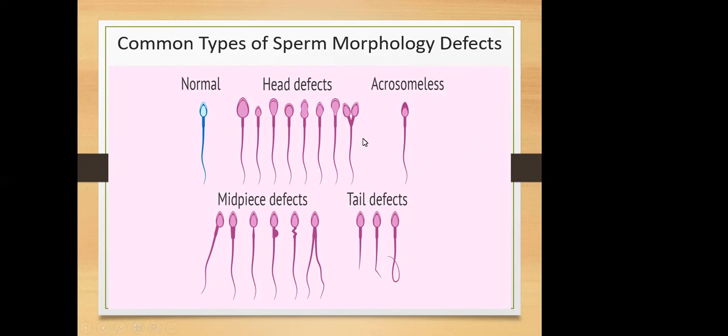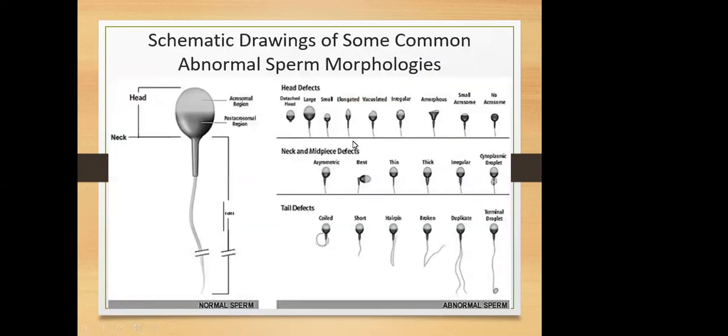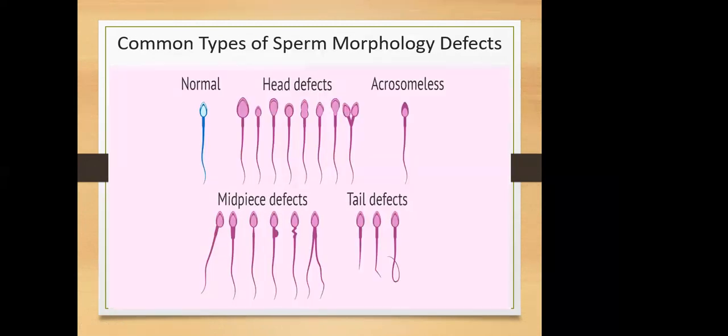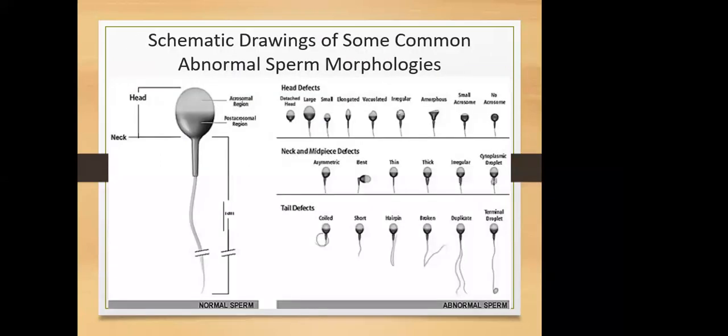So these are some few pictures of abnormal sperm. The rest are pictures for you to look at. And so that brings us to the end of the abnormal sperm morphologies. Once you are conversant with some of these things, if you do the semen analysis, you shouldn't have a problem.